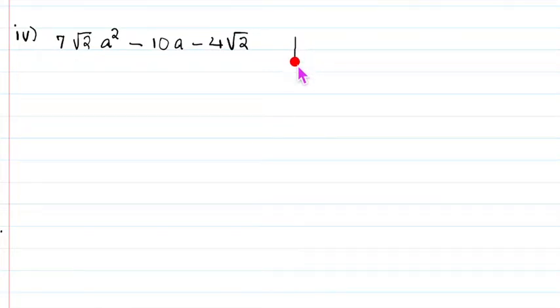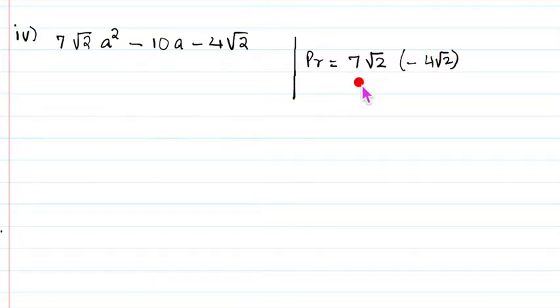Now out here, you will first draw the working column, and the product of the factors will be 7 root 2 multiplied by minus 4 root 2. Now 7 into 4 is 28, with a minus sign it will be 28, and root 2 into root 2 is 2.